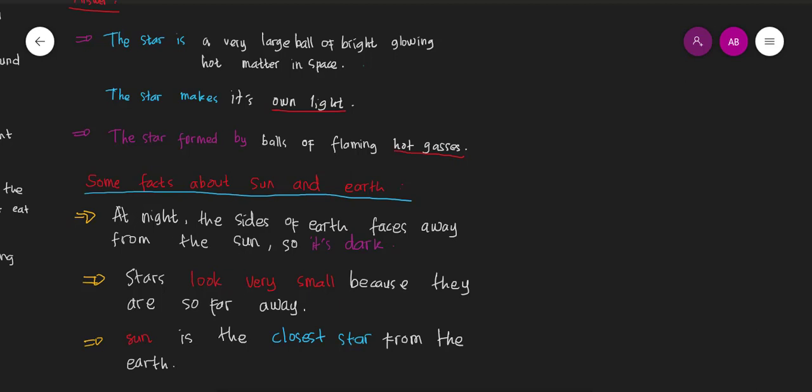And the second fact is, stars look very small because they are so far away. When it's night, you can see the stars, right? But they look very small. That's because they're so far away. Why can we see the sun as round and a circle? That's because the sun is the closest star to the earth.